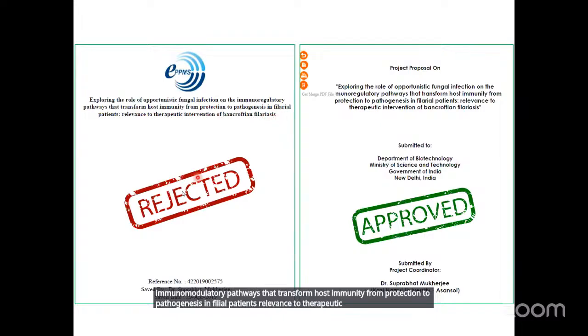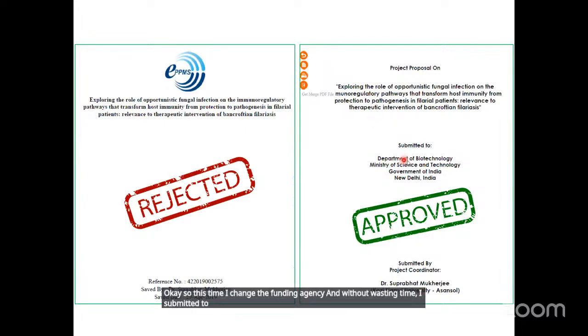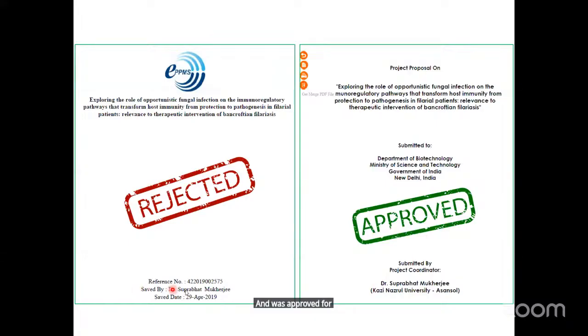It was rejected on 29th April 2019. Okay. So this time I changed the funding agency, and without wasting time, I submitted to the Department of Biotechnology, Ministry of Science and Technology, Government of India, New Delhi, India, and it was approved for funding. So you see that the principal project coordinator, Dr.